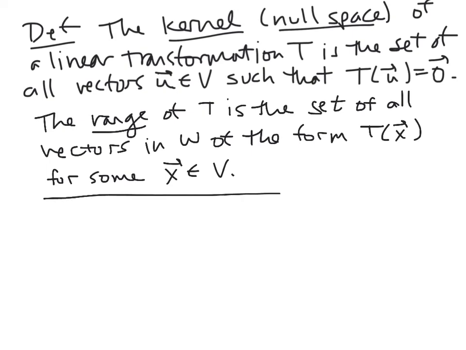So I'm going to give you a couple examples, and you're going to tell me what you think. I'll maybe ask you about the kernel, or maybe I'll ask you about the range. So let's look at the vector space V, the vector space of all polynomials.